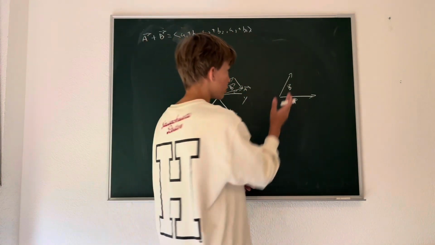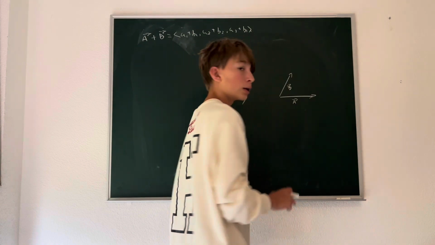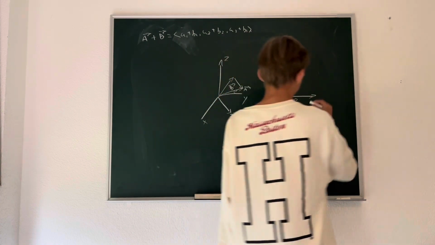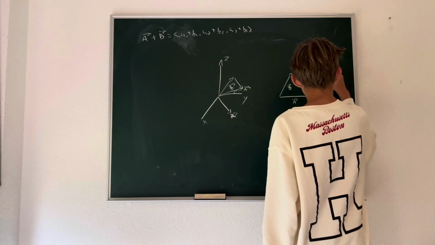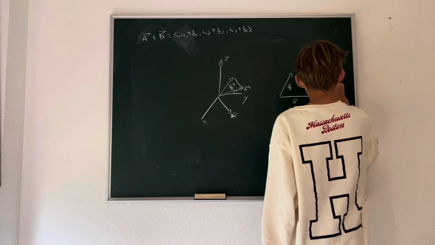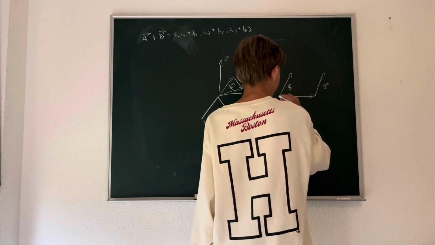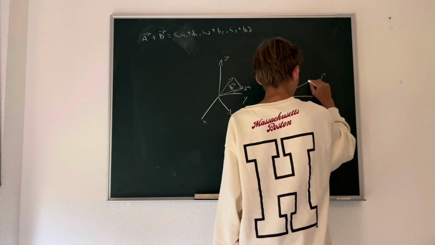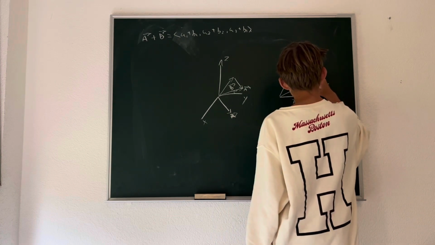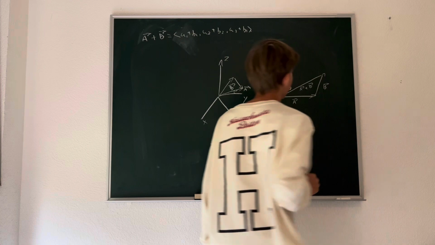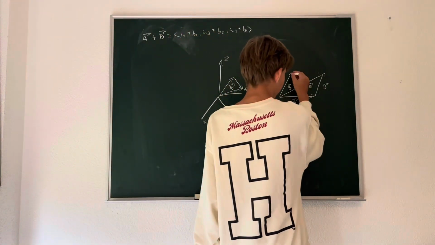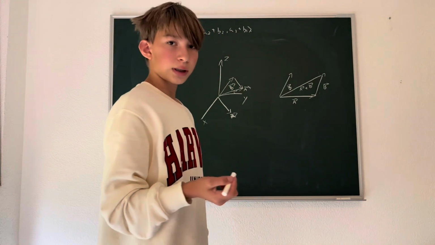What we can do is we can move B so it starts at the end of A. So this will just be B, and the resultant vector is going to be A plus B. And you can see that no matter which order, we can put this over here and we'll get the same resultant.